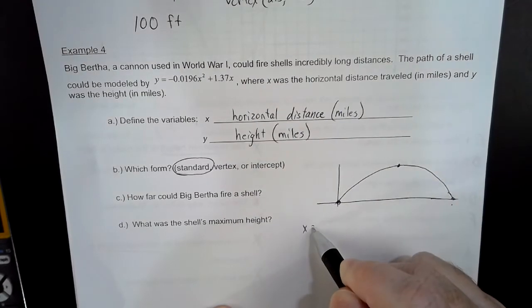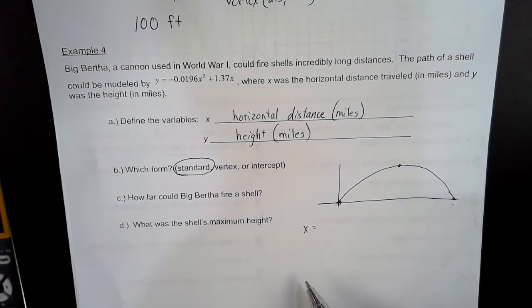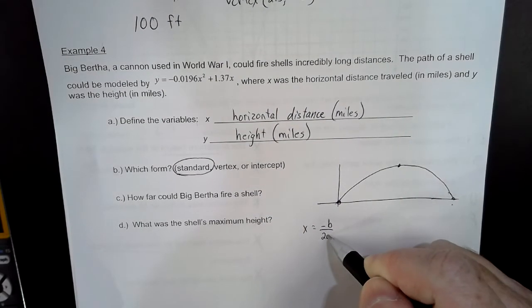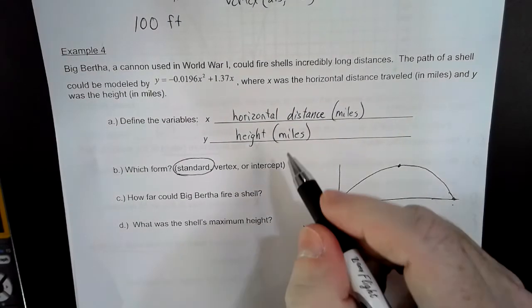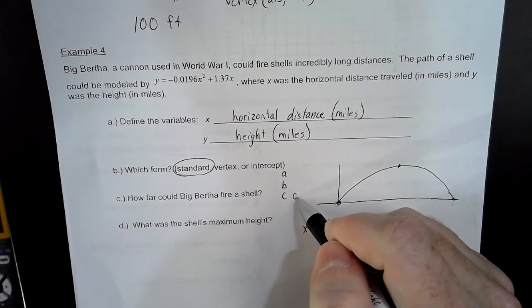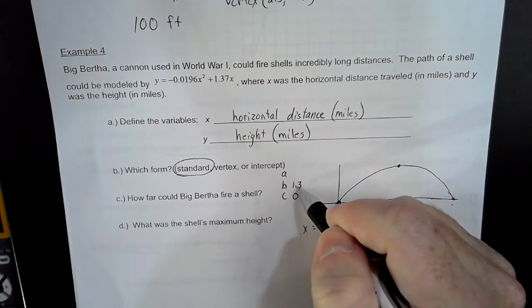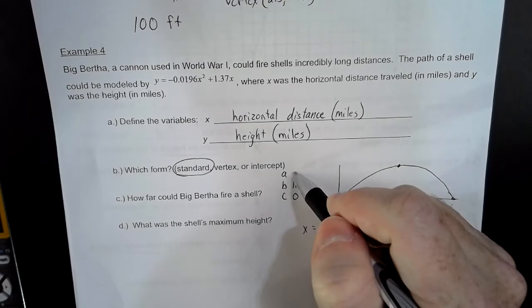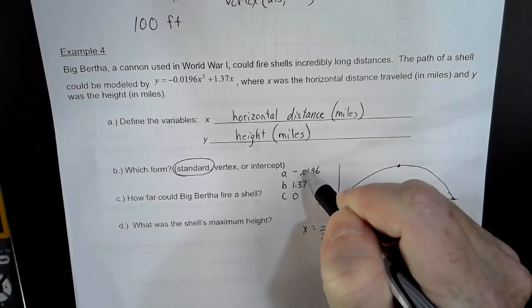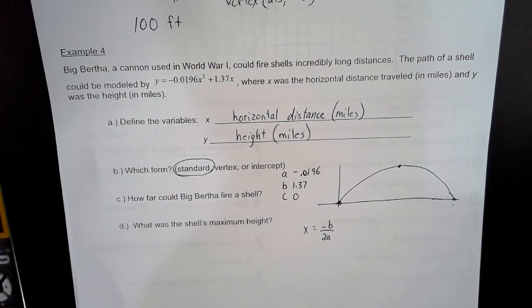So I have x equals negative b over 2a. So again, I'm going to do this here. A, B, C is 0. B is 1.37. A is this nasty negative 0.0196.